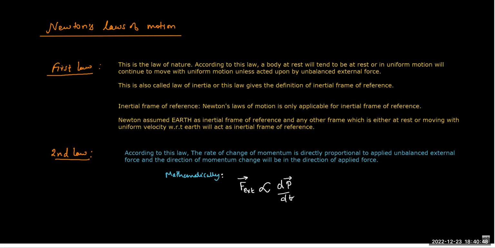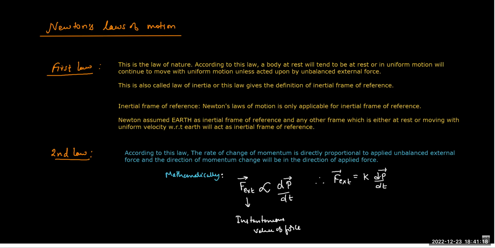When you write something in a differential form, then this represents the instantaneous value. And therefore the F external will be equal to some constant into dp by dt.